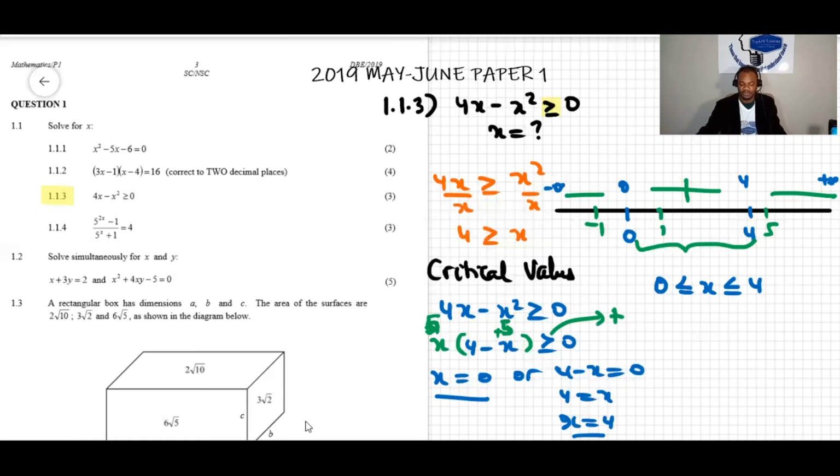Sometimes we can write x is an element of, using the square bracket to say that 0 is part of the solution, and 4 with a square bracket because 4 is also part of the solution. It means the boundaries are inclusive. So this is the solution.